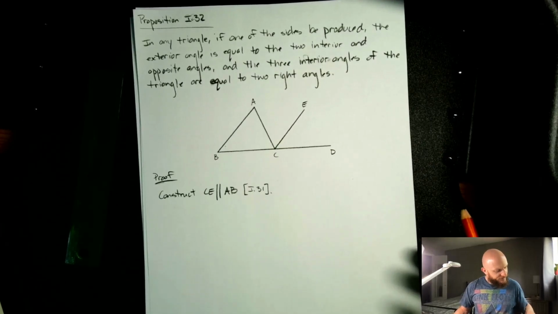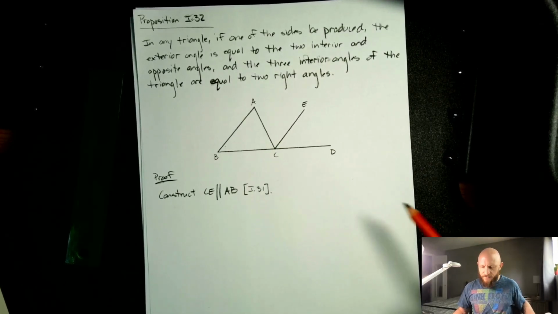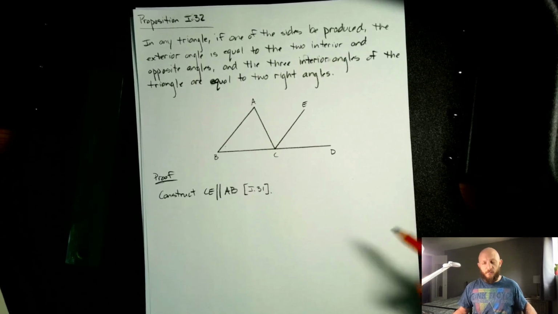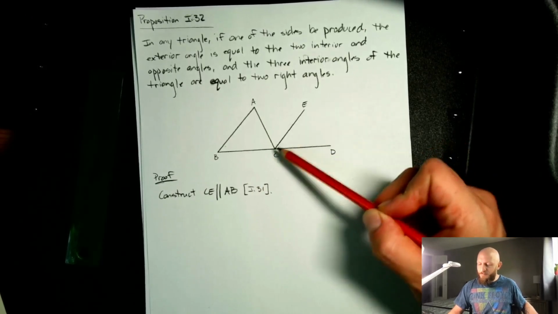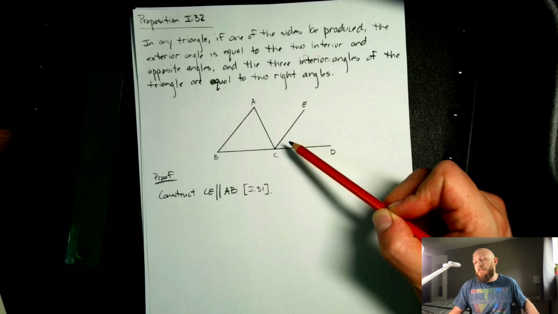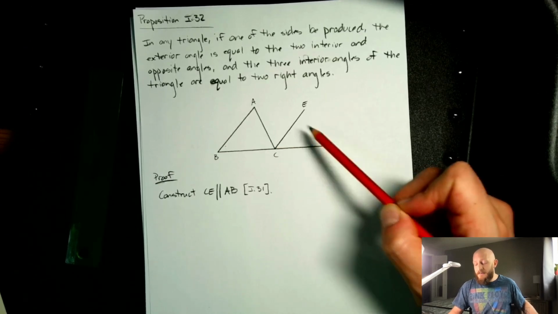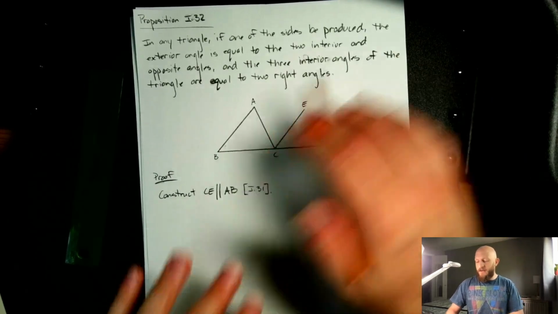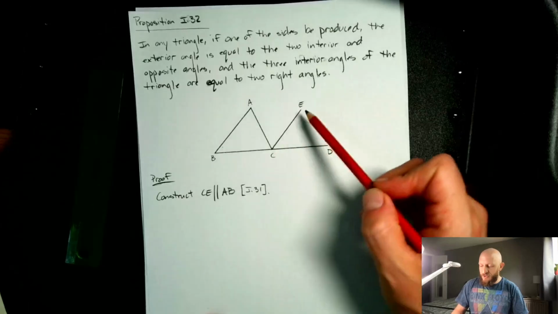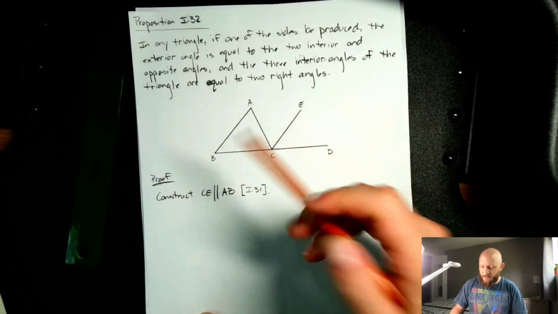All right, so we've made CE, and here's a good place, maybe, if you'd like the more interactive side of this rather than just seeing how Euclid did it. Based off of that, that's the first step. Maybe see if you can prove, based off of this and the last couple of propositions that we proved, how to show that angle ACD equals angle A plus angle B.